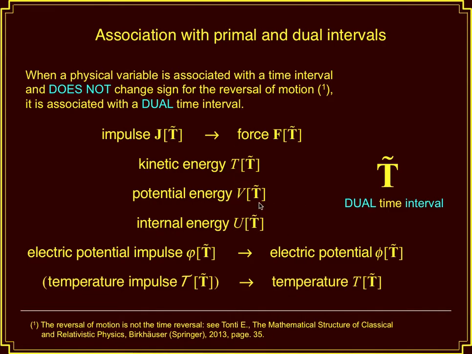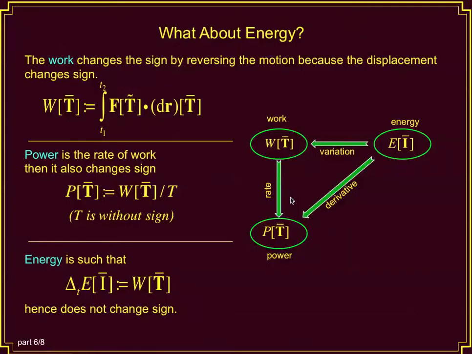As we shall see in a moment, the kinetic energy, potential energy and internal energy are also alternatively associated with primal time instant. This is shown later. What about energy? The work changes sign by reversal of motion because the displacement changes sign.